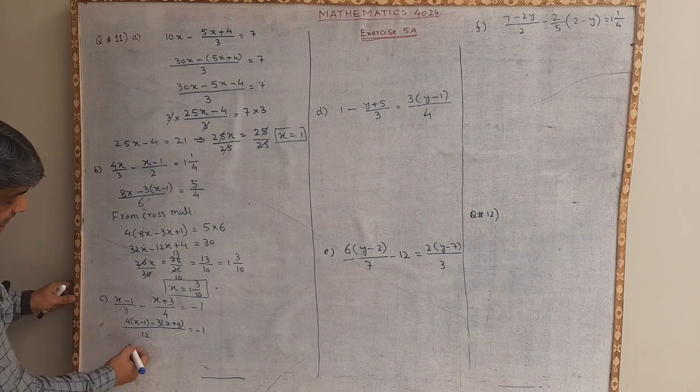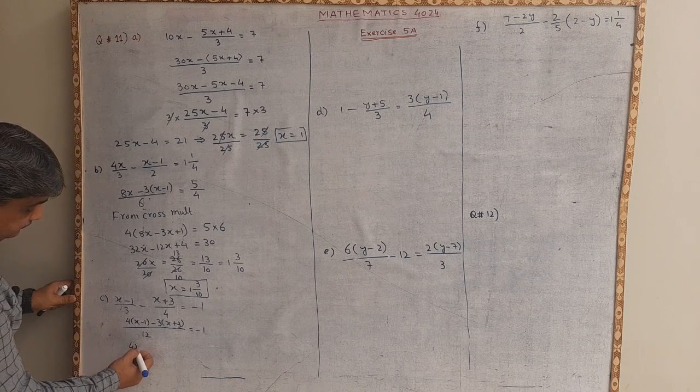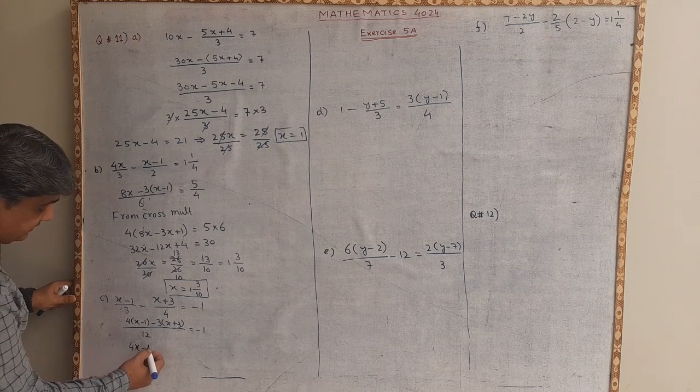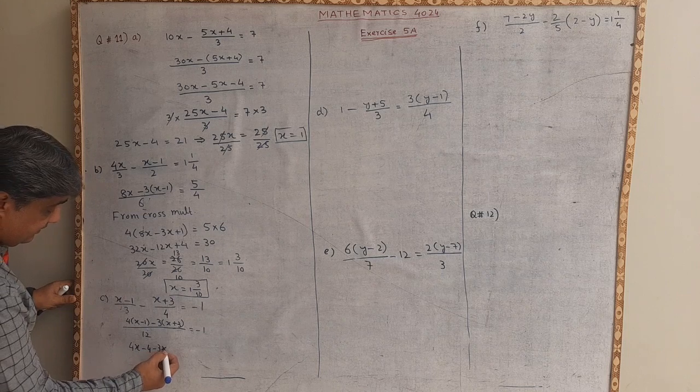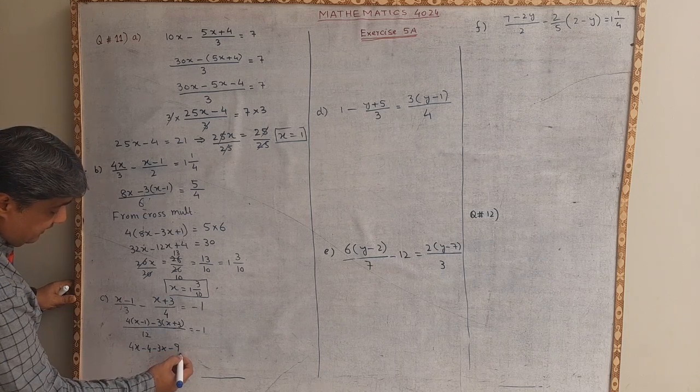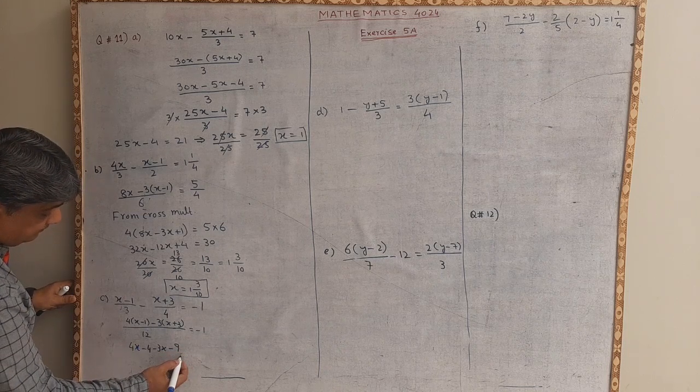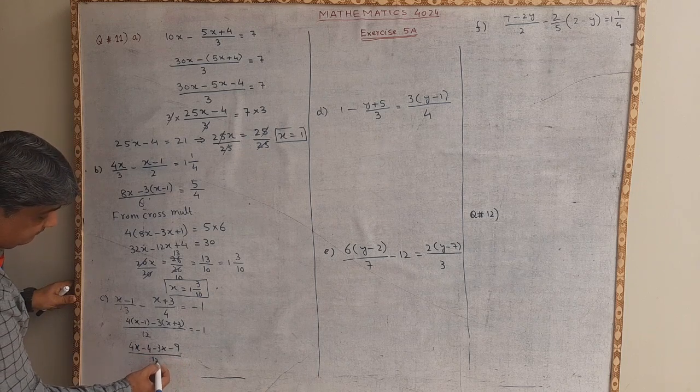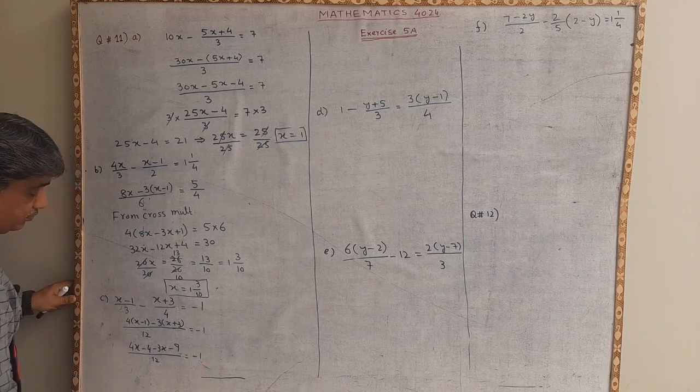So ladies and gentlemen, I have to remove the brackets, and it will be minus 9, and I am writing this 12 and minus 1.